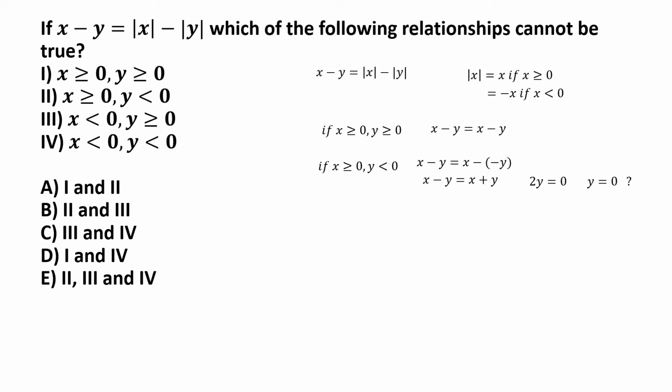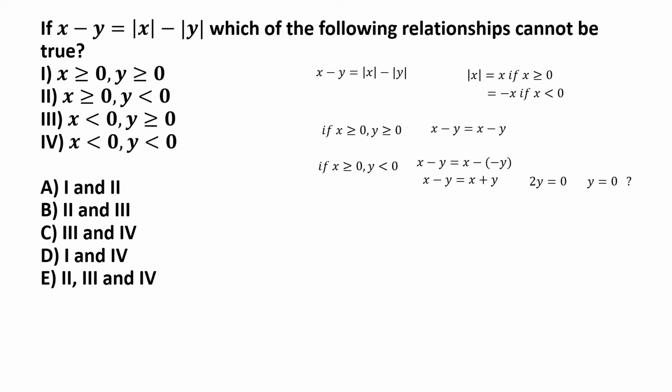So this is clearly contradictory, and it seems the domain given in option 2 cannot be a possible domain of x and y if they have to satisfy this relationship x minus y is equal to mod x minus mod y.